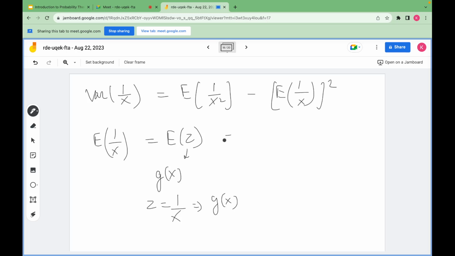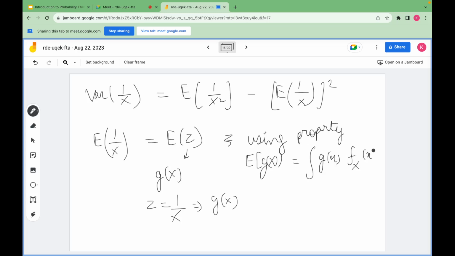So z is equal to 1 by x, or we can write it as a function of x. So using the property that expectation of g x is nothing but the integral of g x into f x dx from minus infinity to infinity.